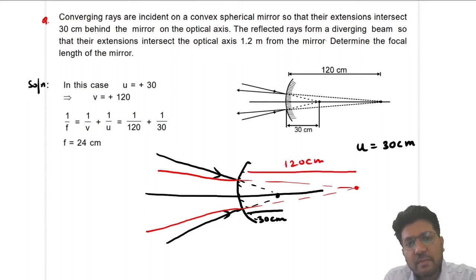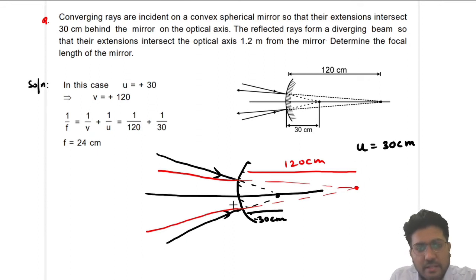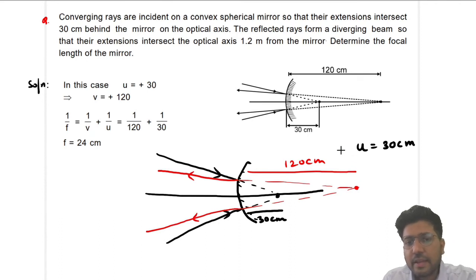So that means the image is also virtual. Why? Because it is behind, right? Here there is no intersection. Okay, so they have given you the image distance, they have given you the object distance, you just need to find the focus or the radius of curvature, right?